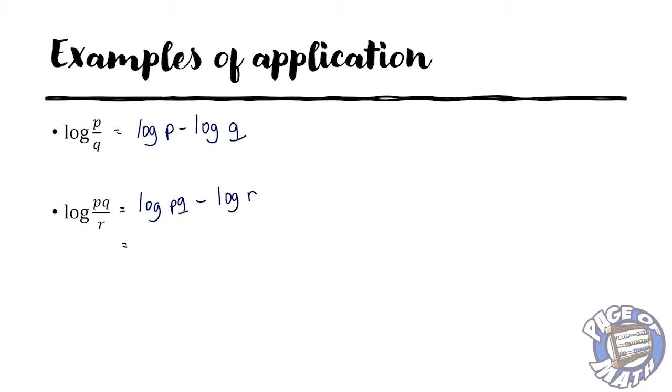And log pq can be written as log p plus log q minus log r. Now we have log q minus log r, two separate logarithms, and you want to write it as one logarithm. This would be the log of q divided by r.